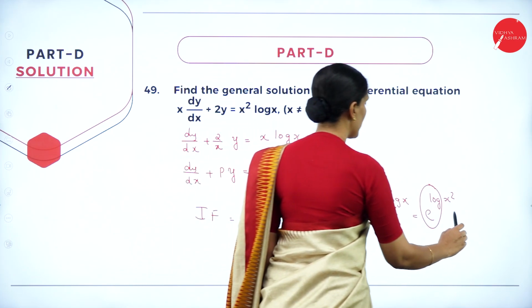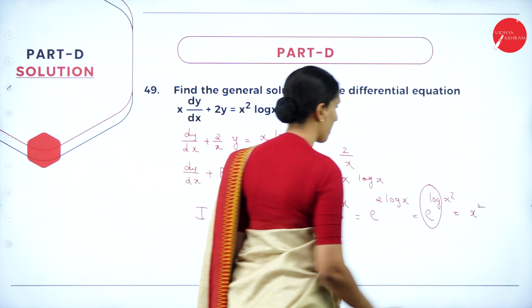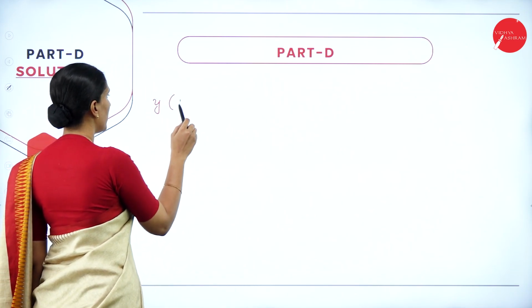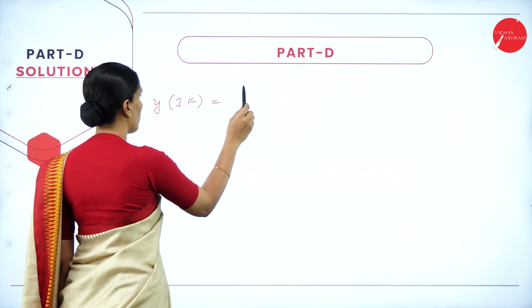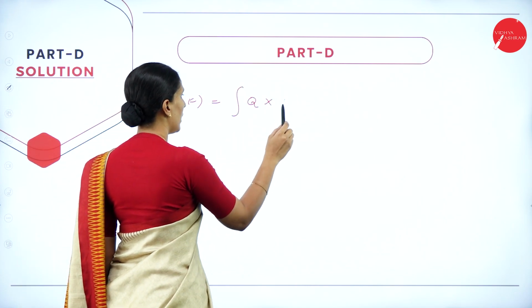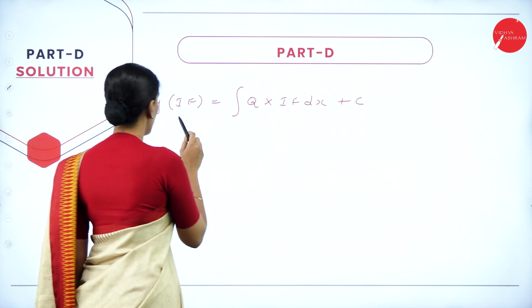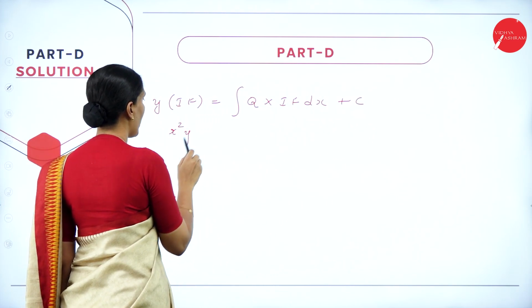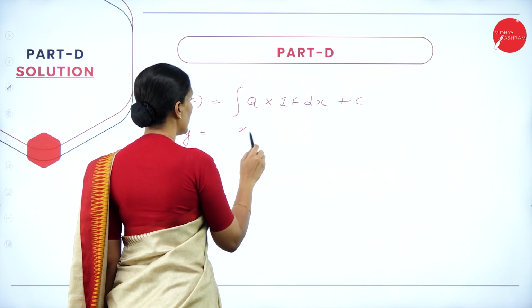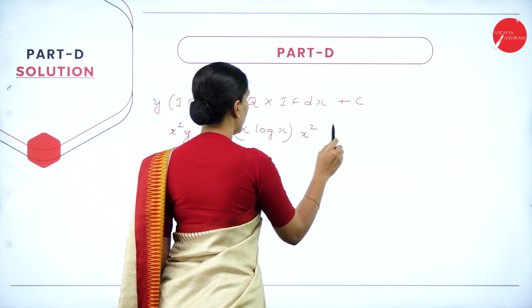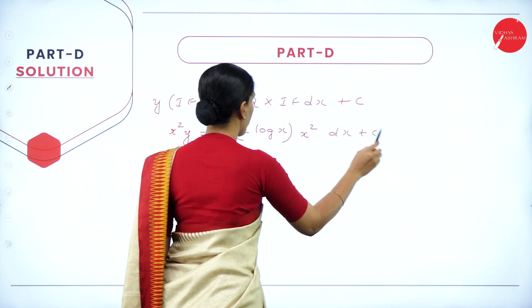So the value is x square. Now we can write the solution in the form of y into integrating factor is equal to integral of q into integrating factor dx plus c. So here we'll get x square y is equal to integral of q, which is x log x, into integrating factor x square dx plus c.